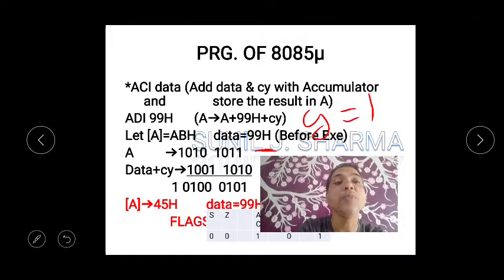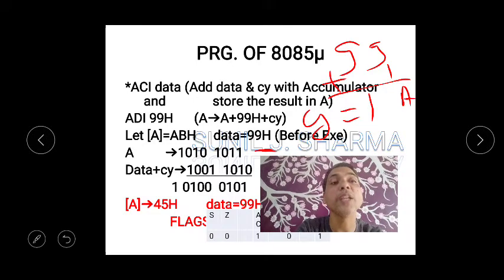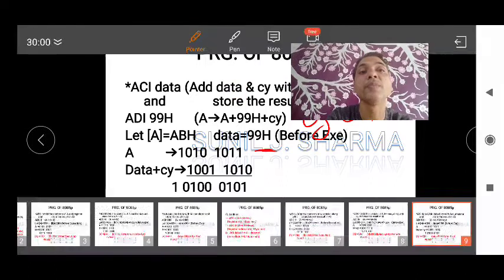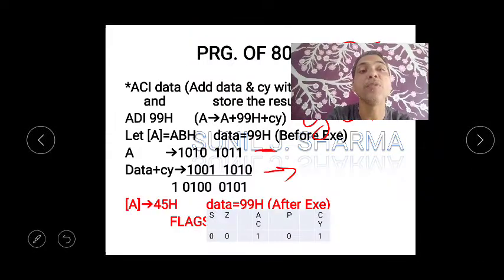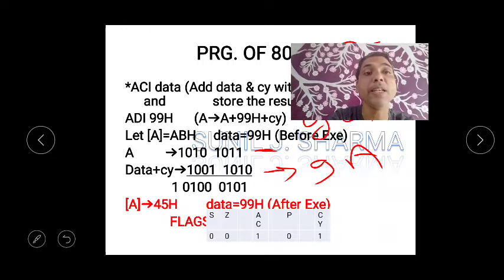Now 99 plus 1, it is 100, but we cannot write 100 because 9 plus 1 is 10, but 10 we used to write as A, and this 9 will be written as 9A. So this is nothing but 9A, because 99 plus 1 is 9A in hexadecimal.